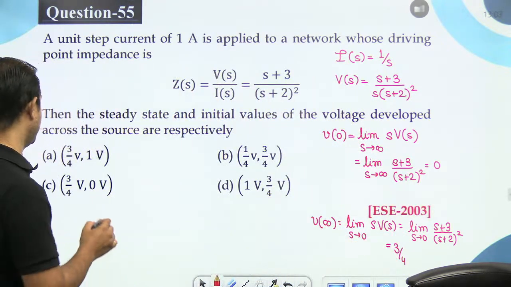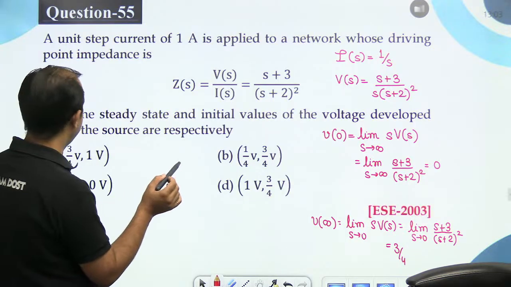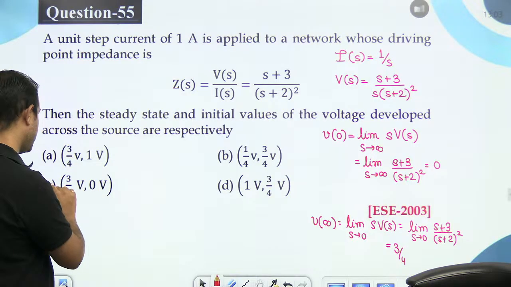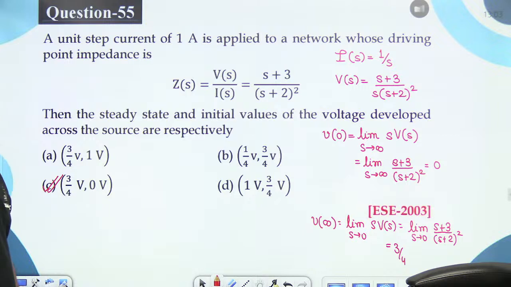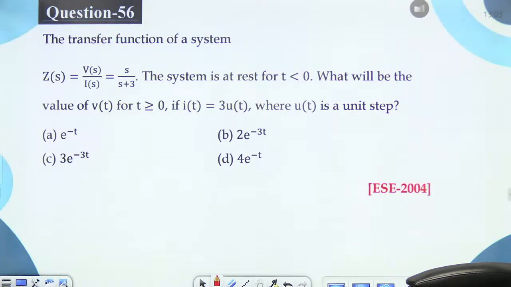Zero and 3 by 4. Steady state and the final value, 3 by 4 and 0. Simple. Next, Zs is Vs by Is, S upon S plus 3.